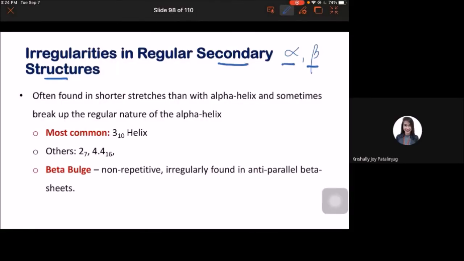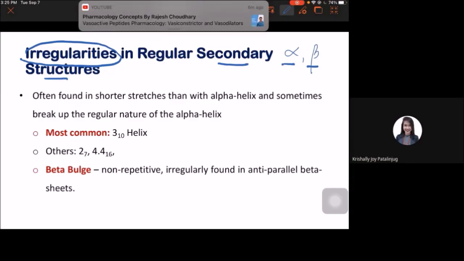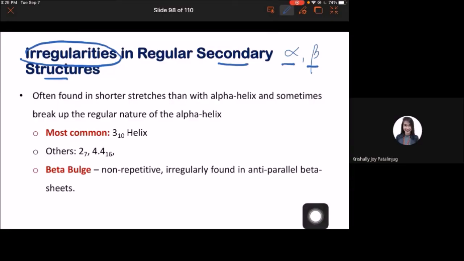So may mga posibilidad na nagkakaroon ng irregularities sa mismong secondary structures. I repeat, not all the time yung mga characteristics ng alpha helix, beta pleated sheet na-achieved. Irregularities may arise. Kumbaga hindi nasunod yung basic na description.